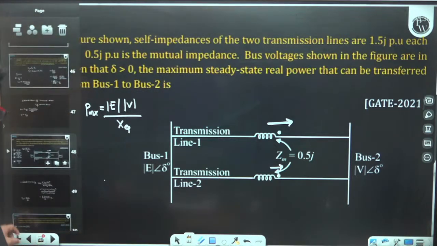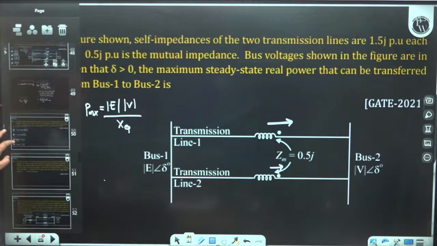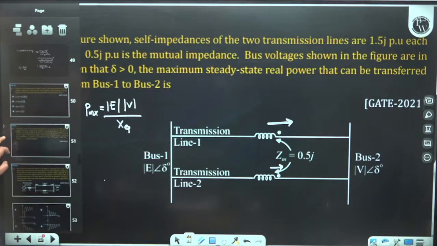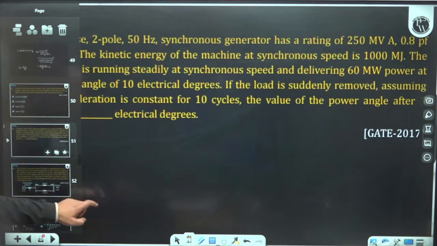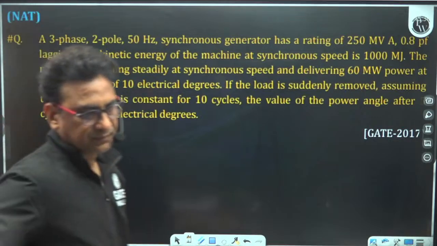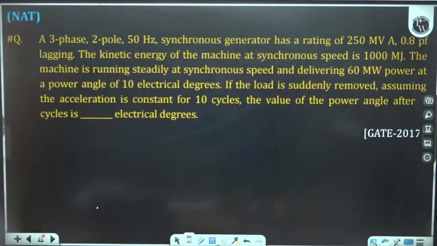Clear? Okay. This one. A 3-phase 2-pole 50 Hz synchronous generator has a rating of 250 MVA, 0.8 power factor lagging.